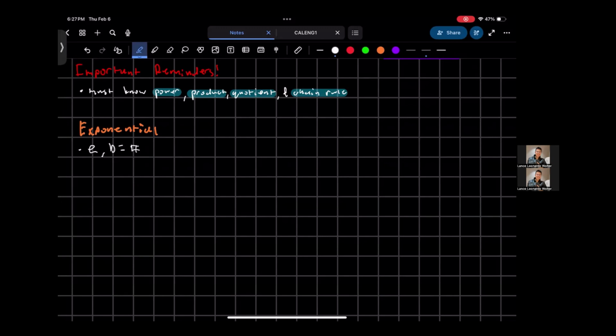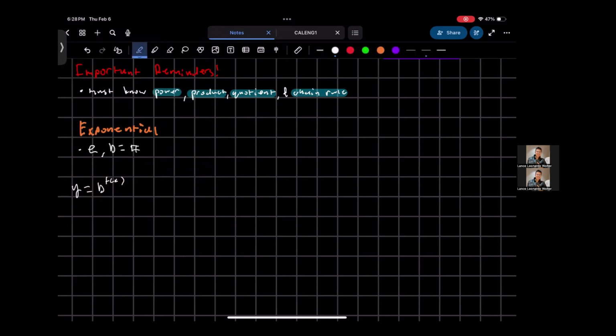Let's start with the second case: y is equal to b raised to f of x. This is what your function looks like, where b is the base, or just any number, and f of x is a function of x. It can be a polynomial, a trigonometric, or even another exponential function. It depends on what you're given.